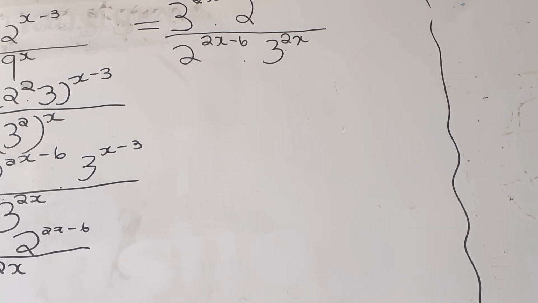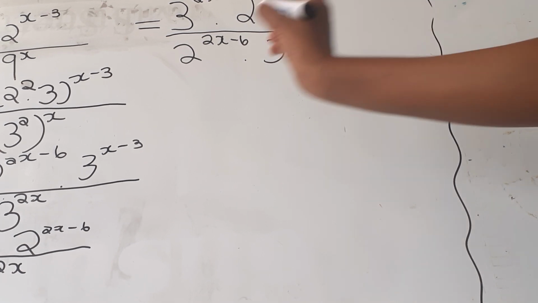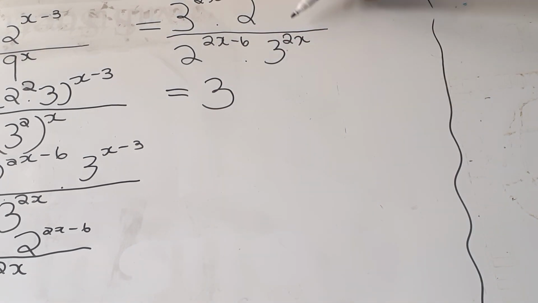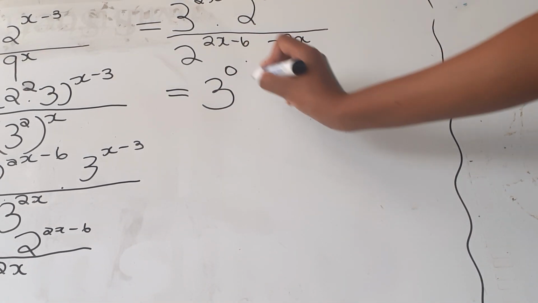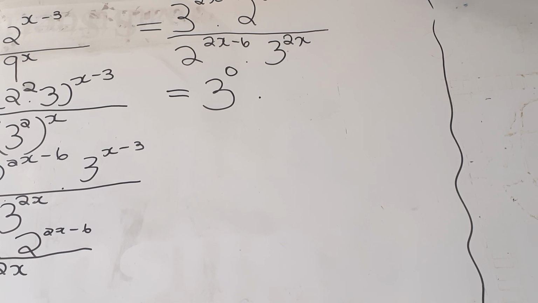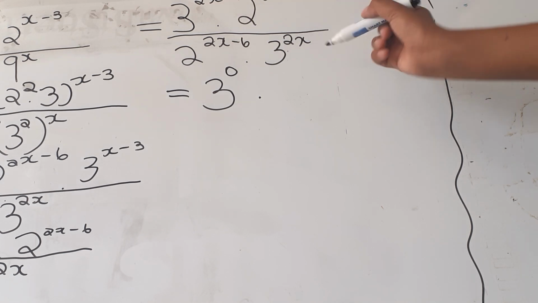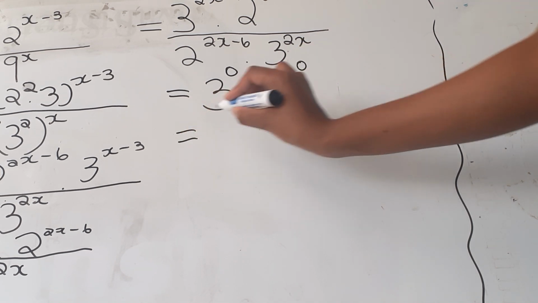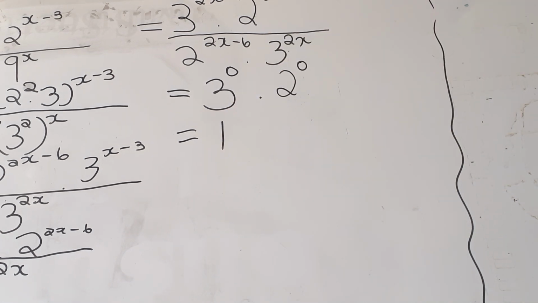When you take both your 3's, 2x minus 2x, that is 0, and then this 2 divided by 2, then this 2x minus this 2x is 0. Then this negative 6 minus this negative 6, then you're going to get this 2, and then the final answer is 1.